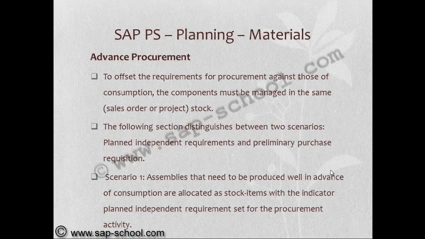The following section distinguishes between two scenarios. Those are planned independent requirements and preliminary purchase requisition. In planned independent requirements, assemblies that need to be procured well in advance of consumption are allocated as stock items with the planned independent requirement indicator set for the procurement activity.